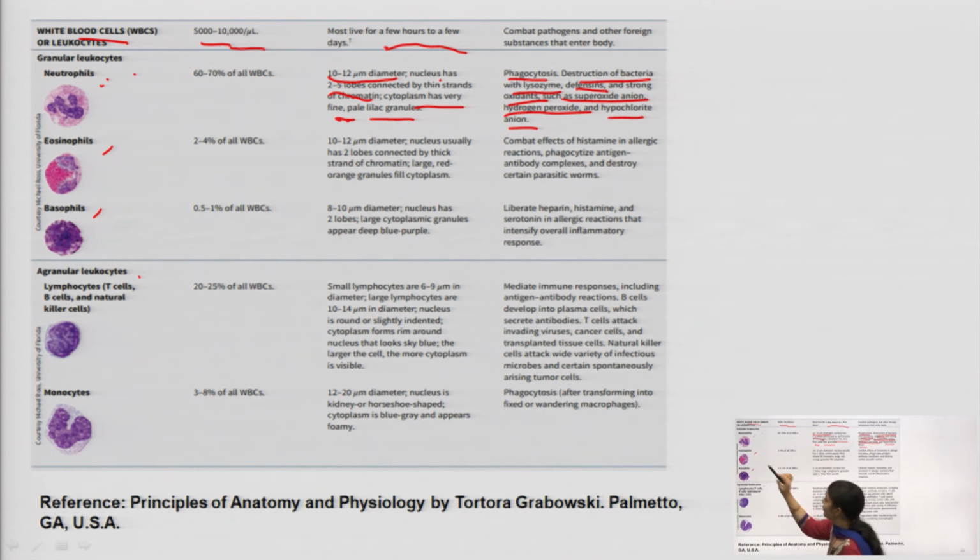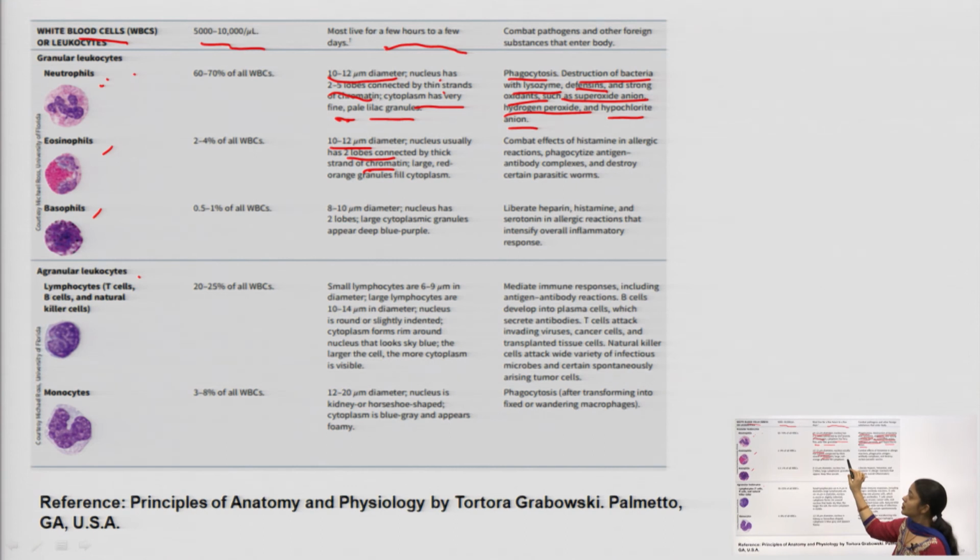Now come to the eosinophils. They are 2 to 4% of all WBCs, and 10 to 12 micrometers in diameter. They usually have 2 lobes, connected with a thick strand of chromatin. You have seen in neutrophils the lobes are connected with a thin strand, while in eosinophils the lobes are connected with a thick strand.